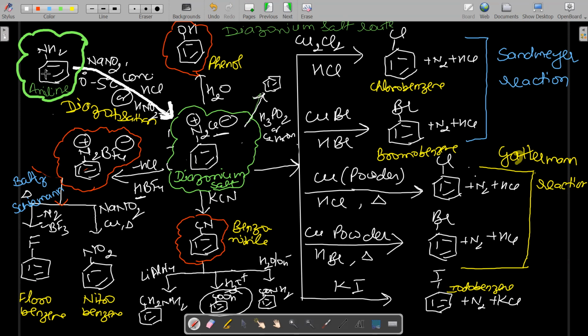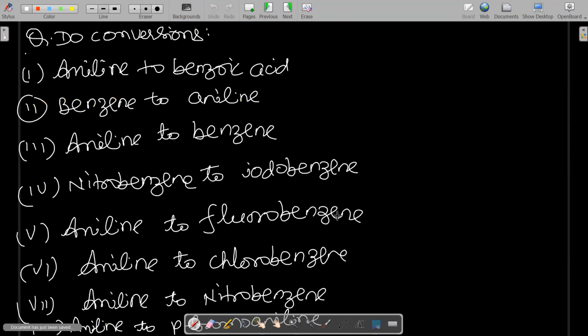So first diazonium salt formation, then sodium nitrite, copper, you get nitrobenzene. Similarly, if you want to obtain aniline to fluoro, it is also a two-step reaction. First diazonium salt, and then obviously this, and then heating. This is called two steps only. So you can use this conversion chart, which covers most of the conversions. I have given the homework, just note it down and then you will show me in the next class.